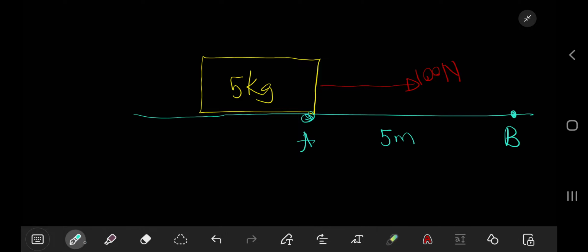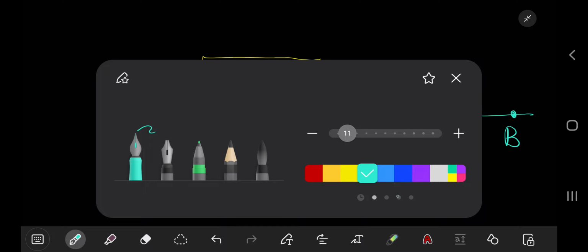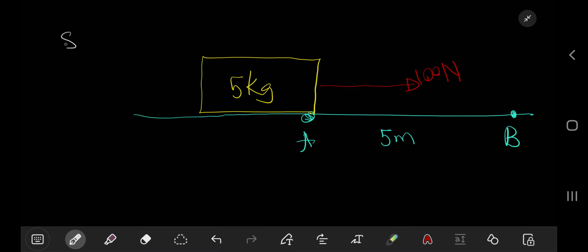The surface is smooth, meaning there is no friction between the object and the surface.